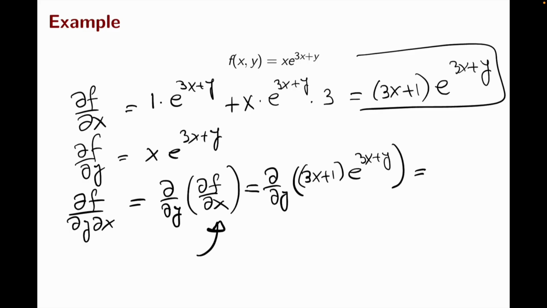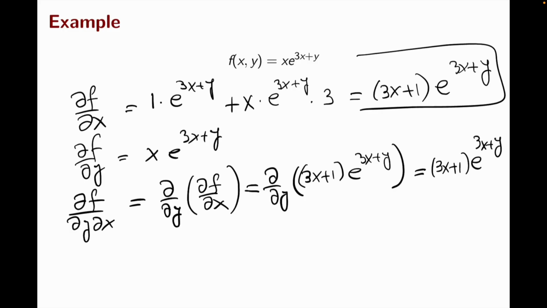The derivative with respect to y of this one: this is a constant now, so the constants go out, 3x plus 1, times the function e to the 3x plus y, and times 1 by the chain rule. So this is then the second derivative.